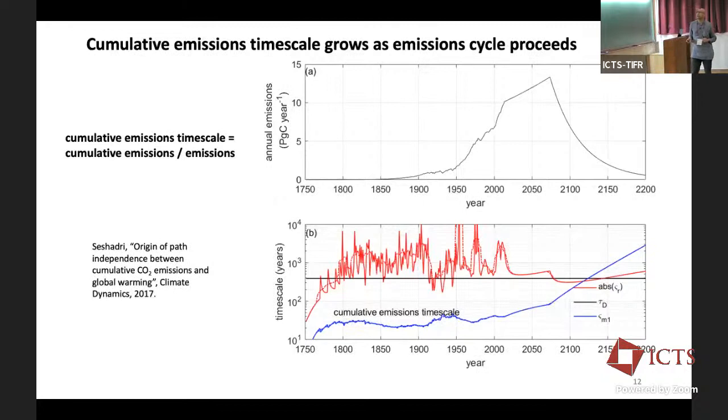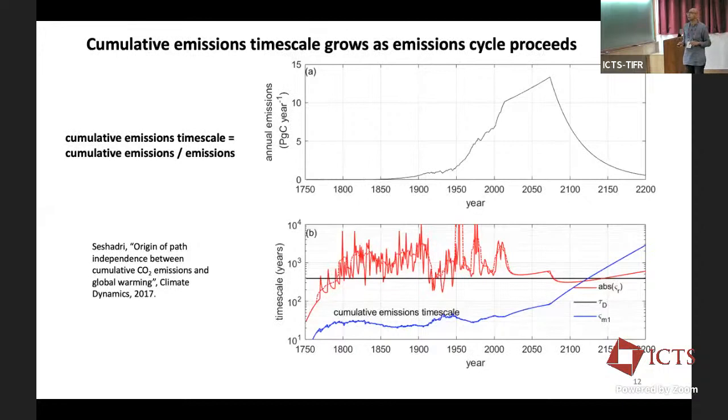So here's how the cumulative emissions timescale evolves in time. So remind you, cumulative emissions timescale is the inverse of the growth rate. And so it's cumulative emissions over emissions, or an emissions curve shown on the top. The bottom shows, the blue curve shows the evolution of the cumulative emissions timescale. And we see that this is increasing in time.